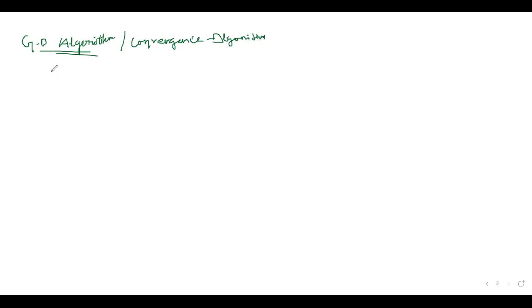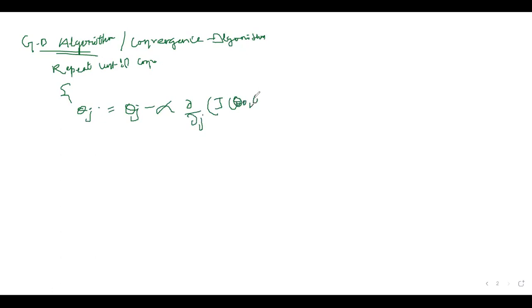Now this algorithm says: repeat until convergence. It runs in a while loop. So theta j is updated as theta j minus alpha times the derivative of J of theta 0 comma theta 1 with respect to theta j.